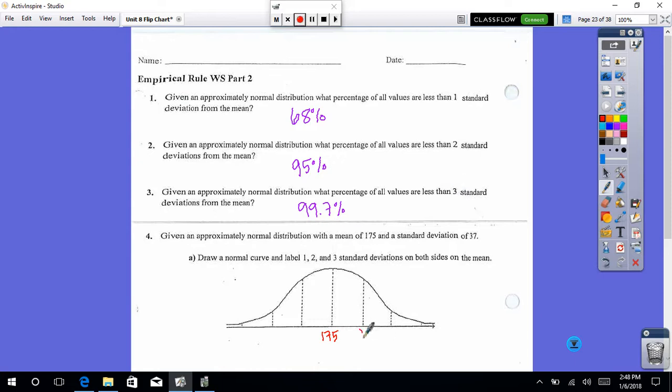Remember, every step to the right, we add that standard deviation, and every step to the left, we subtract.